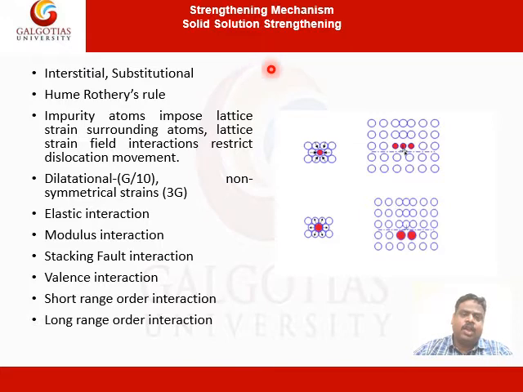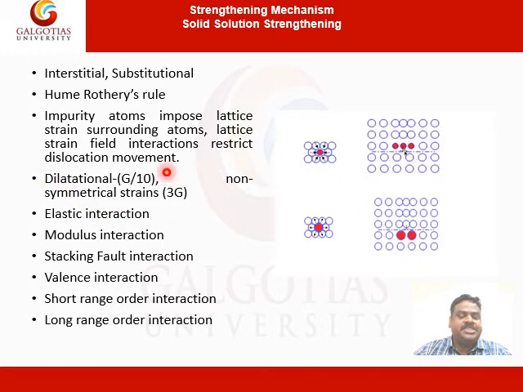So alloying is an effective way to increase the strength, because the impurity atoms that are added impose lattice strains on the surrounding atoms. These strain field interactions restrict the dislocation movement. There are 2 types of strain fields.